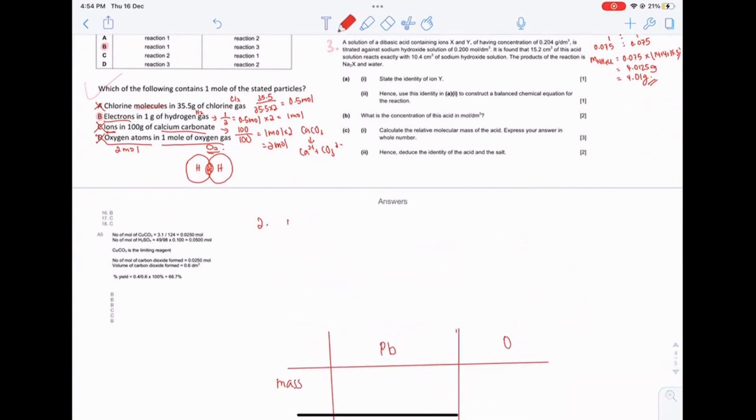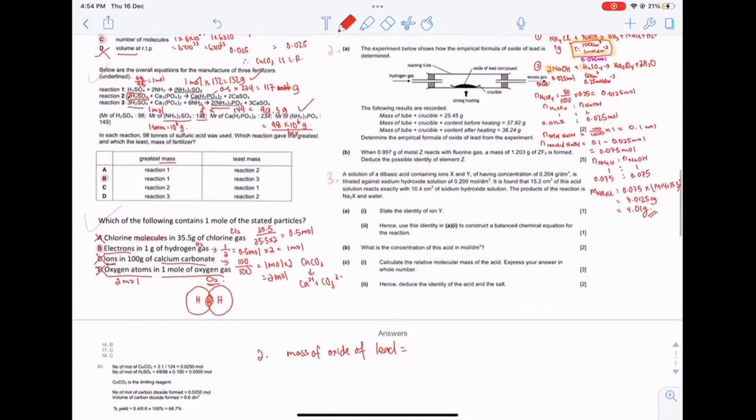Okay, we need to do some calculations first. Mass of oxide of lead. The oxide of lead will be the thing before heating, right? So it will be 37.92. Okay, minus away the mass of tube and the crucible.